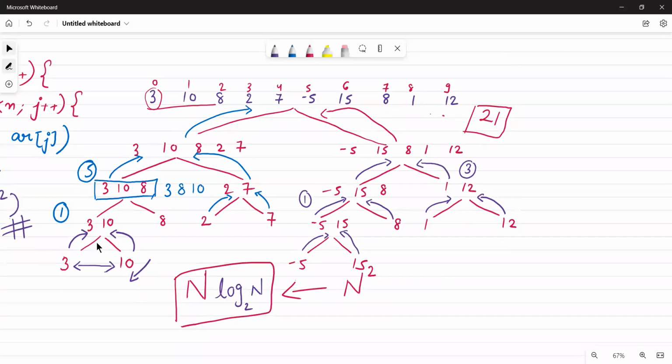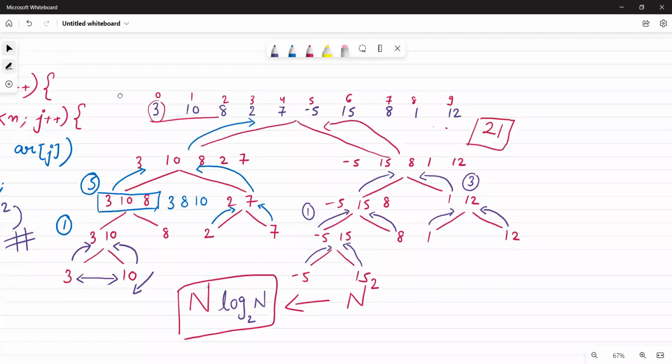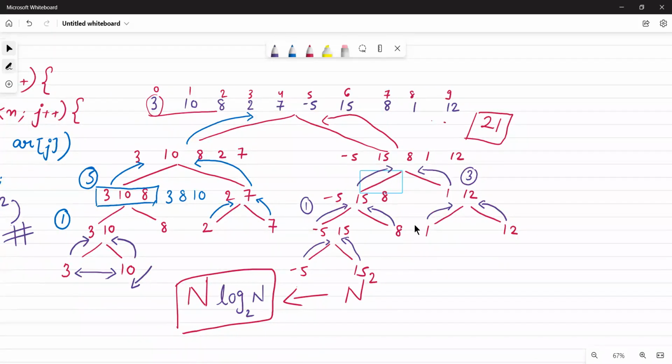And while I'm trying to merge the numbers back again, I am also finding out if a pair is valid or not. Getting me? But while finding the pairs, we are also sorting our entire array. So my purpose was to explain the merge sort, but along with that, this particular question can also be solved. Clear?